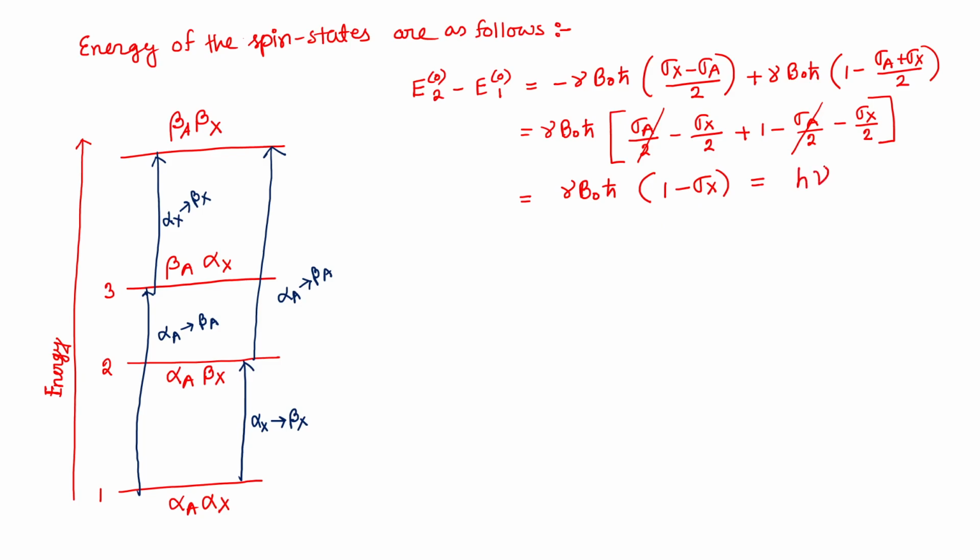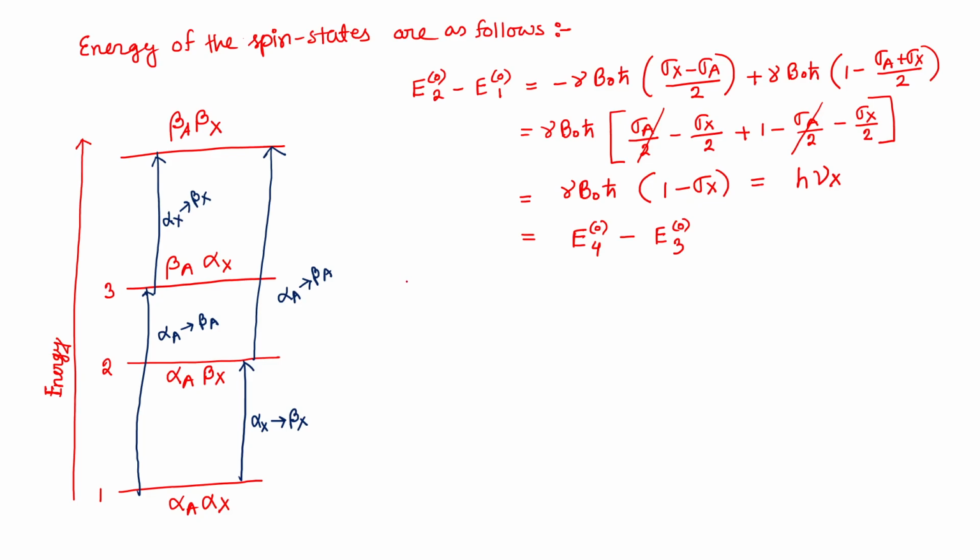That is h into your Larmor frequency related to the X nuclei, that is h nu X. And you can show that this is going to be equal to the unperturbed fourth energy minus the unperturbed third energy. That is also related to the spin change of X.